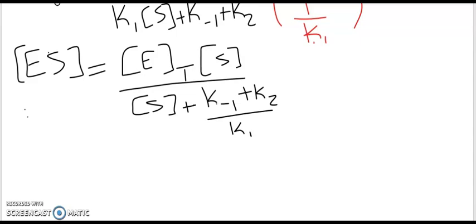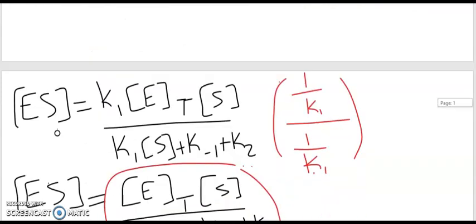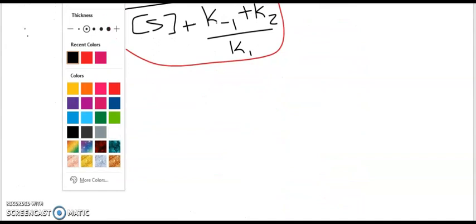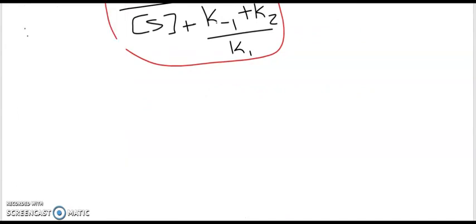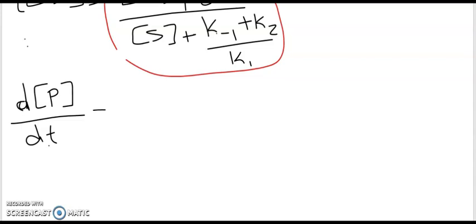And we can therefore substitute this into another equation, which is the instantaneous rate of change of the product, dP over dt, equals K2 times ES.